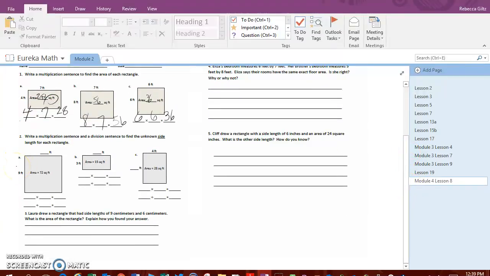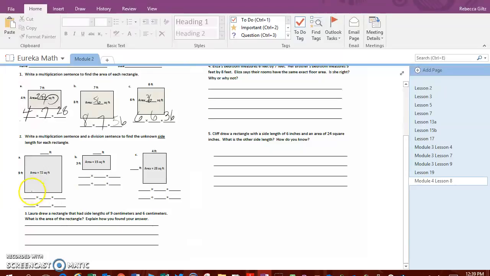Write a multiplication sentence and a division sentence to find the unknown side length for each rectangle. So the difference here is that we're actually given the area and one side length, whereas in the first problem, we got both side lengths. We had to find the area. So we can still work through this in a similar way.